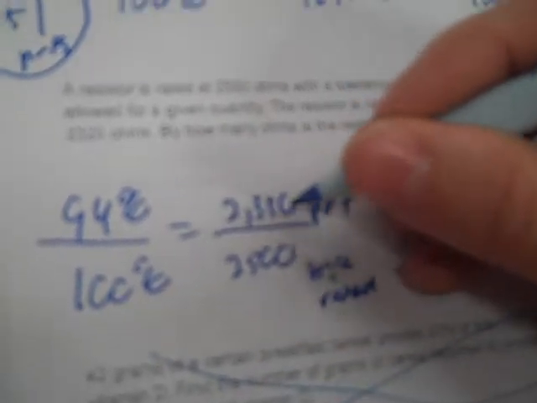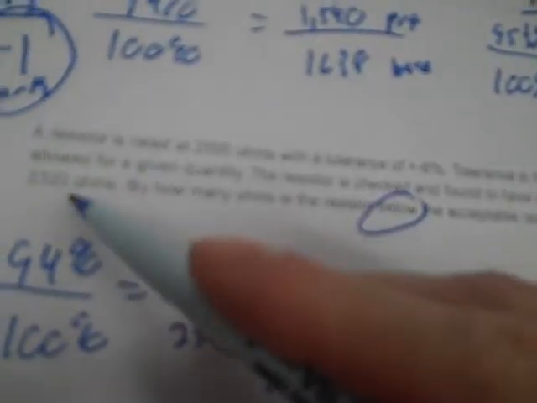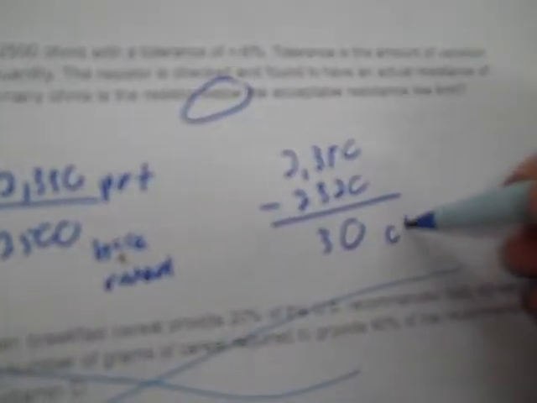So the lowest it can be is 2,350. But it's below that. The actual resistance is 2,320. So that's illegal. You got to figure out how much below that is. So what I do is I take that 2,350 and minus 2,320. That's going to be 30. Okay? 30 ohms.